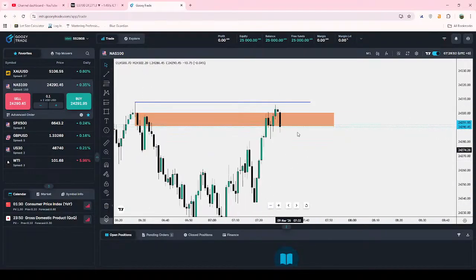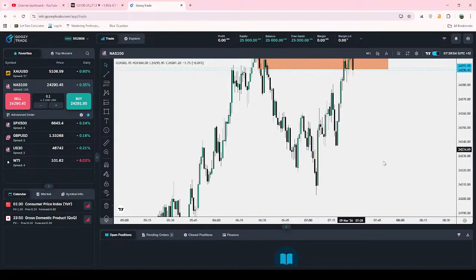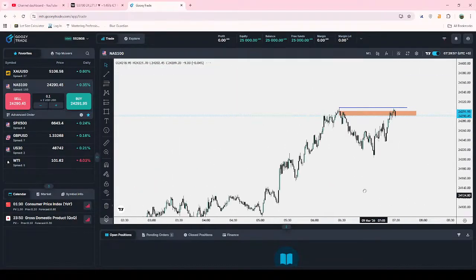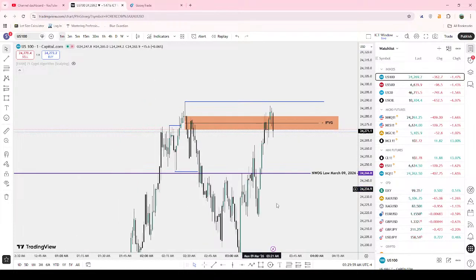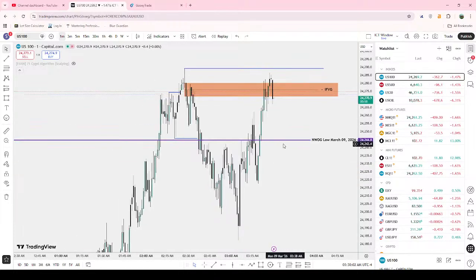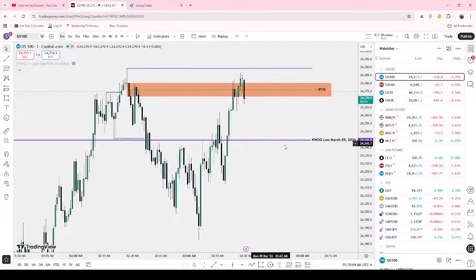Let's see if this can also go down. We have a lot of liquidity down below. Looking at this, the market can come back to touch this lower part of this NWOG.